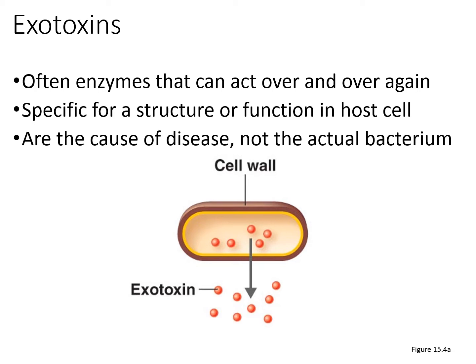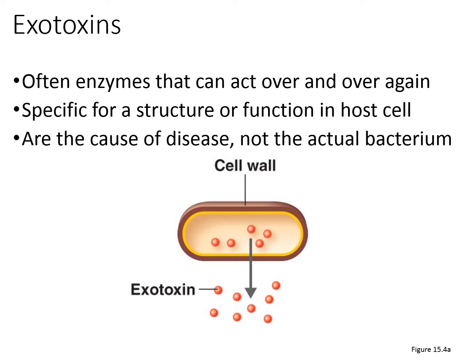They're often enzymes that can act over and over again. They can carry out the same reaction over and over again in the body. Oftentimes they're going to disrupt some sort of natural function inside of a host cell, or they will disrupt cellular structure for a host. Because these enzymes can carry out the same chemical reaction several times, minute quantities of exotoxin can exert a large effect inside of a host.